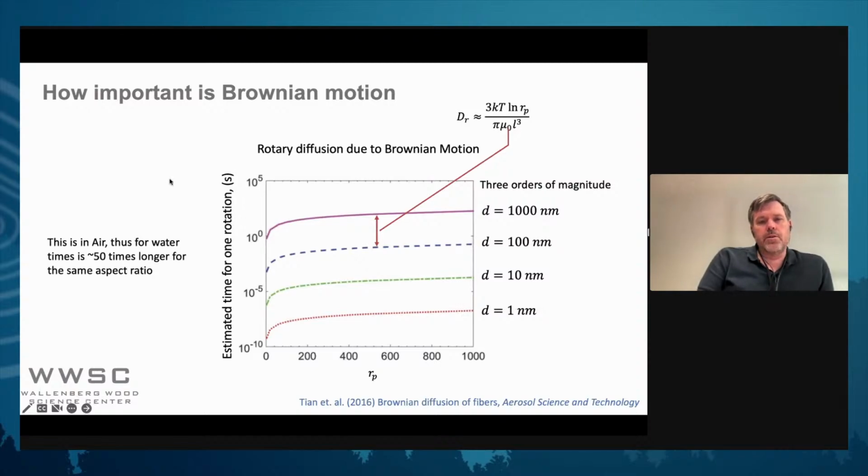So if you have a filament, it is the time it takes to go around a whole 360 degrees. And of course, since it's Brownian motion, it won't be just that it's rotating, it will jump back and forth. But the integrated time to do one flip of 360 degrees is seen to the left.